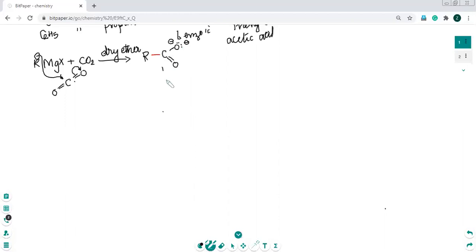If you add a little suitable acid into this, you will get RCOOH. So this is one of the most important methods of preparation of carboxylic acid.